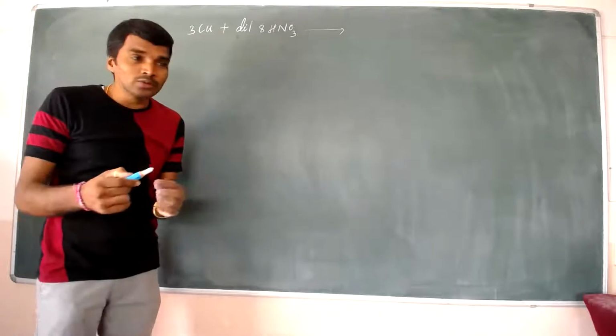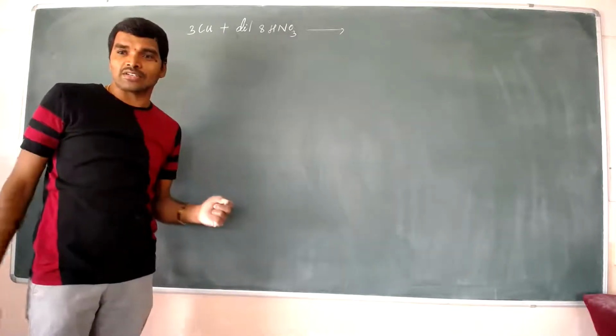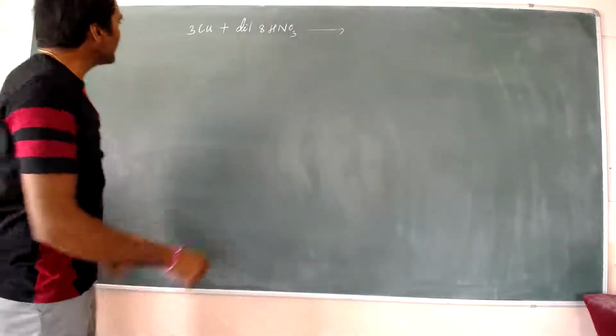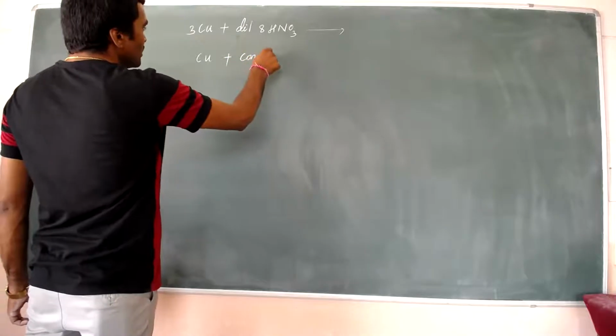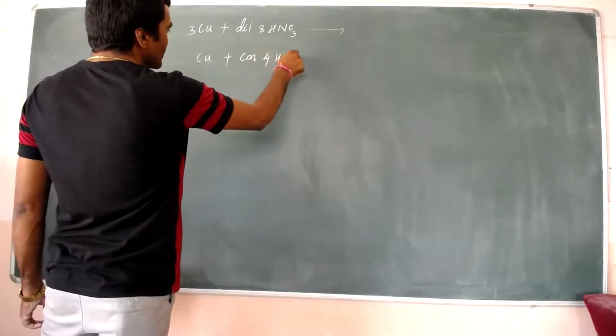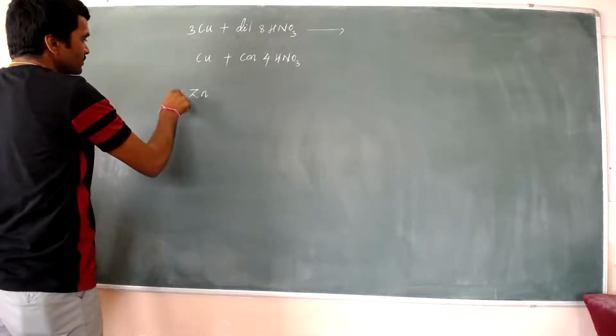Here you want to understand the difference between the reaction with diluted and concentrated acid. That's why every time I'm writing the reactions: copper reacts with concentrated nitric acid, and it reacts with zinc also.